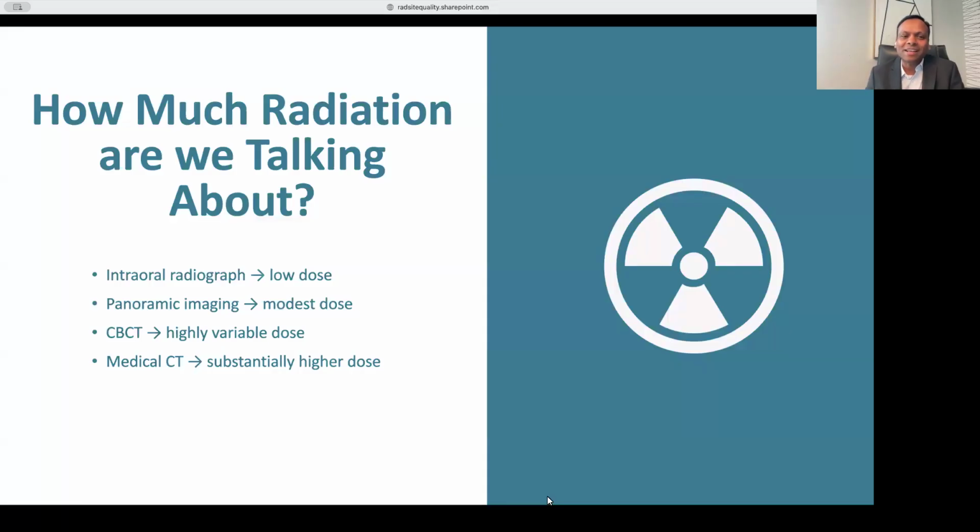So understanding dose is one thing, but misunderstanding it is another. When we try to compare doses, we have to be mindful that there are some misconceptions in understanding the dose. For example, with dental, we always think that the dose is much lower.